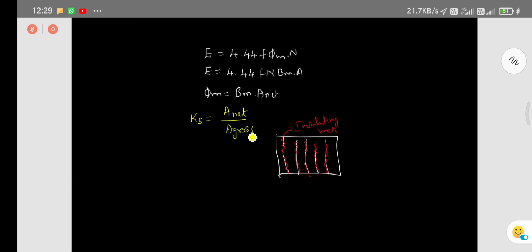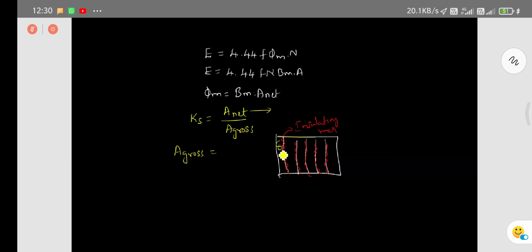What about the gross cross-sectional area? This is the total area: the area occupied by the magnetic material plus the insulating material.